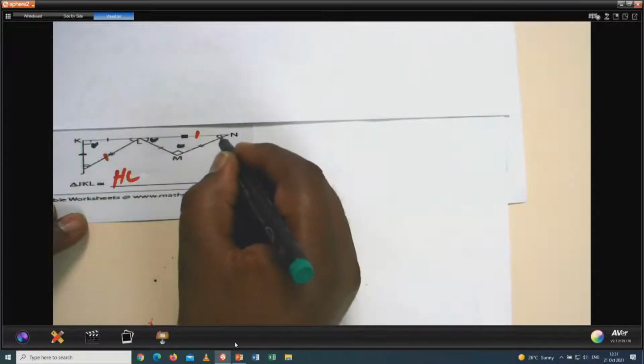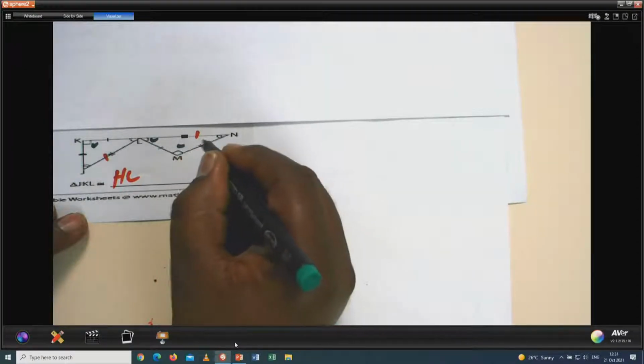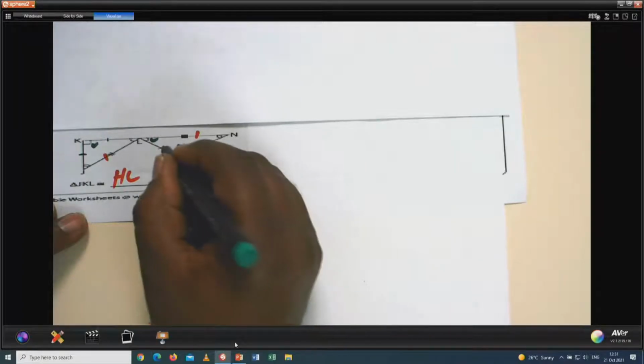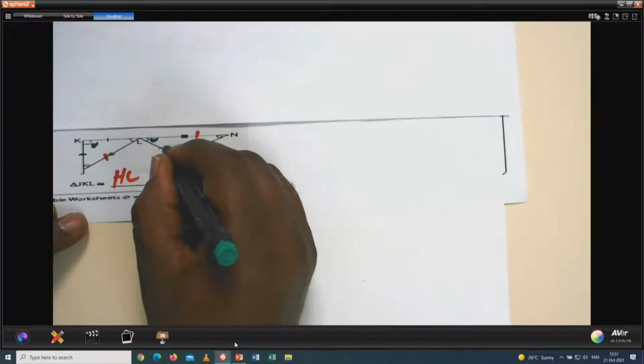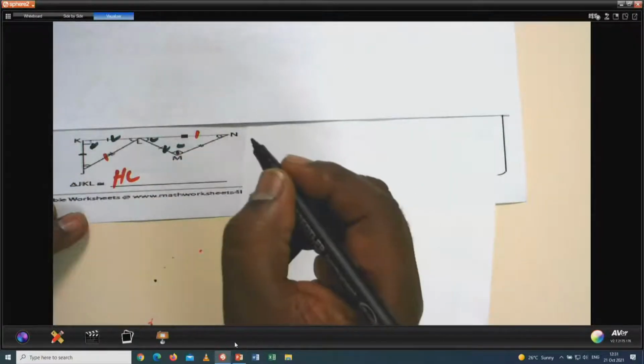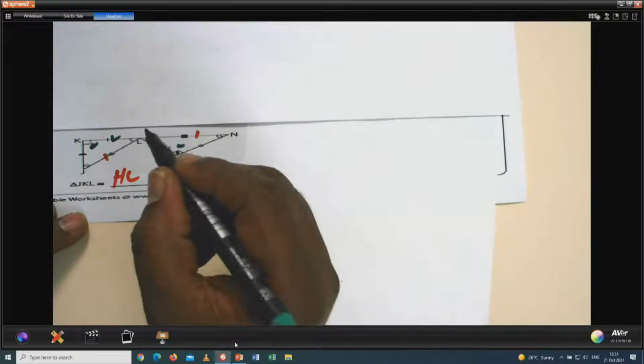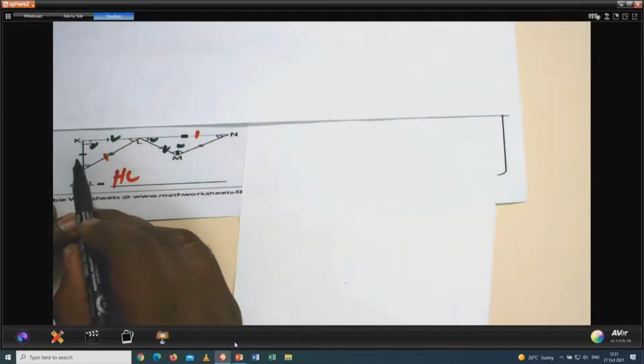I see an angle here. I see an angle here. The figure is a little bit not clear, but okay. We can say, let's look at this side and this side. Let's look at angle and angle. Then is that side equal to that side?